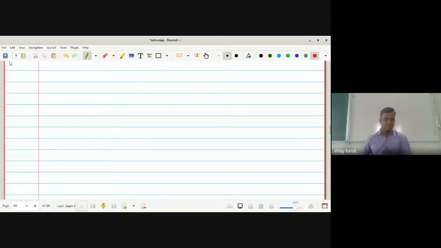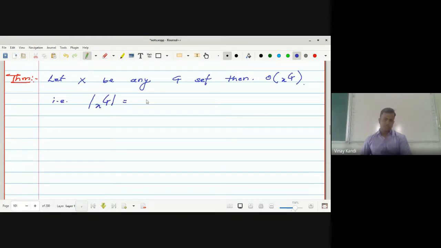Okay, the next theorem is: let x be any G set. Suppose that x be any G set, then the order of xg, that is the orbit, the order of that orbit, that is order of xg, is equal to the index of gx in g.